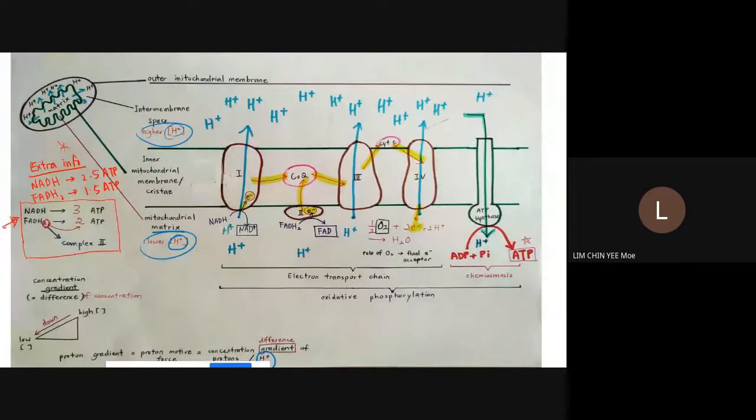That's all I want to share with you about the production of ATP. So itu je pasal oxidative phosphorylation. I hope by now you are clearer about the concept and ATP synthase. Any question that you would want to ask?